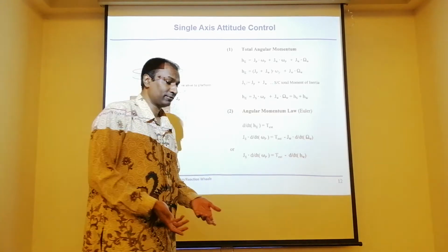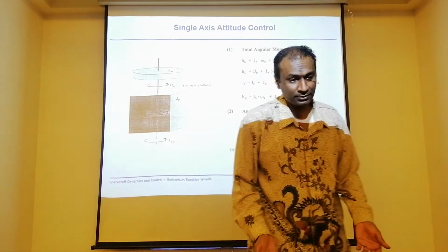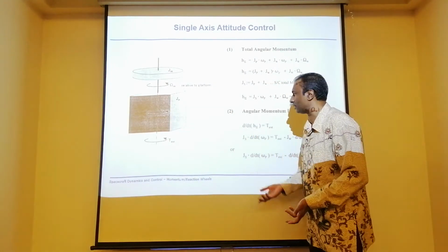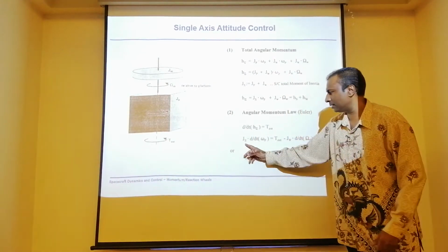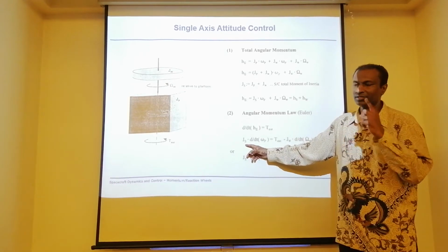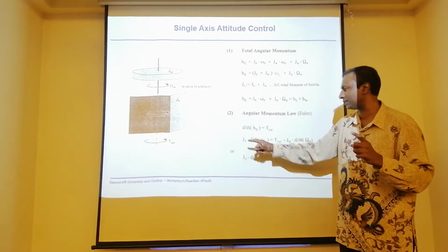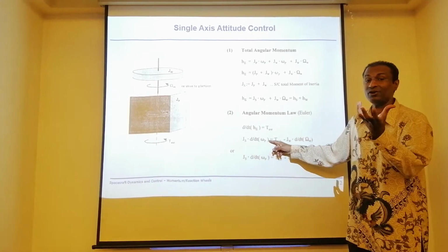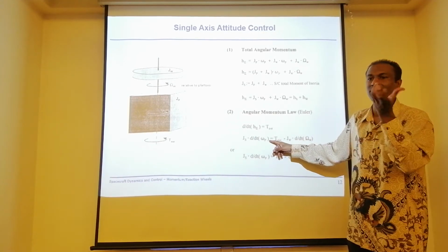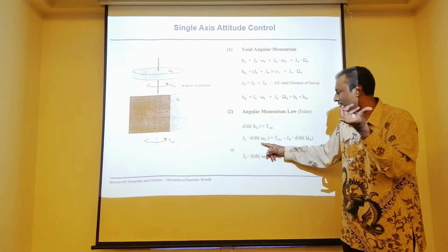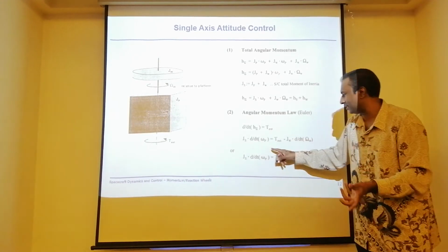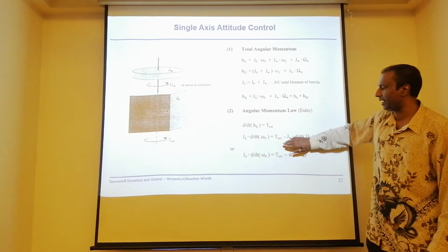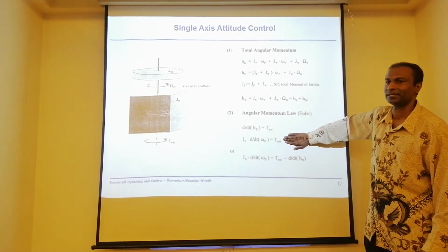The satellite velocity is changing, the angular velocity is changing, and the wheel angular velocity can change. So I can write this: the inertia of the satellite remains constant, but the angular rate of the satellite can change. Why does it change?